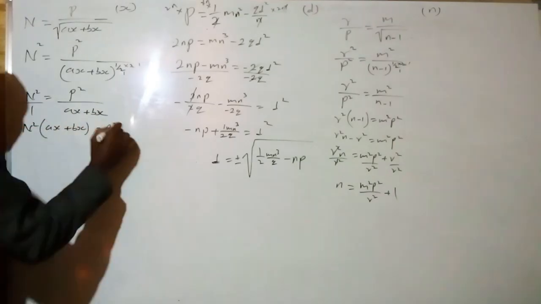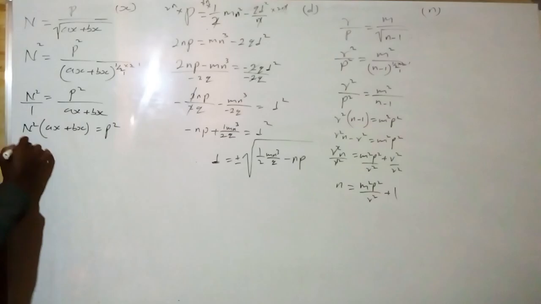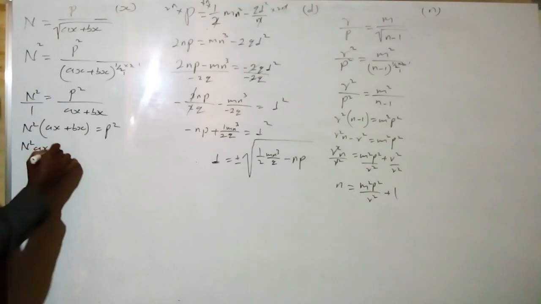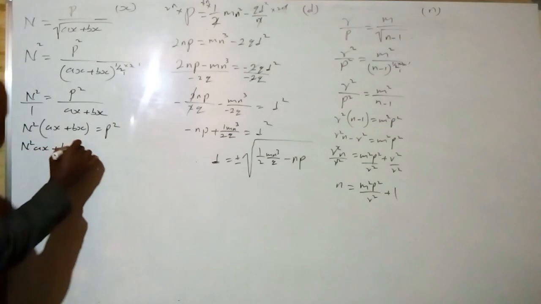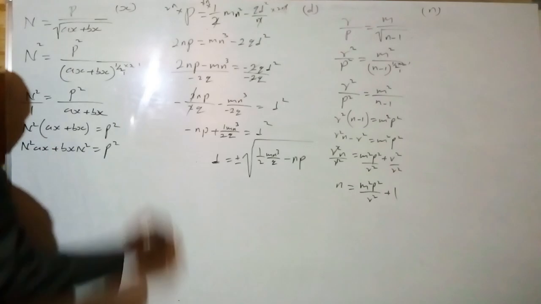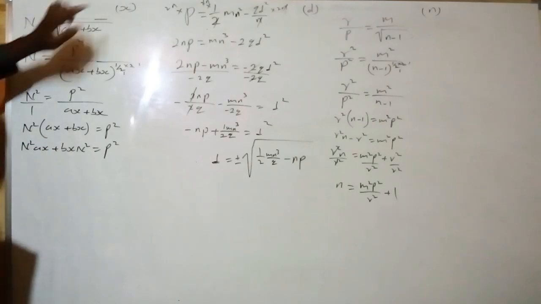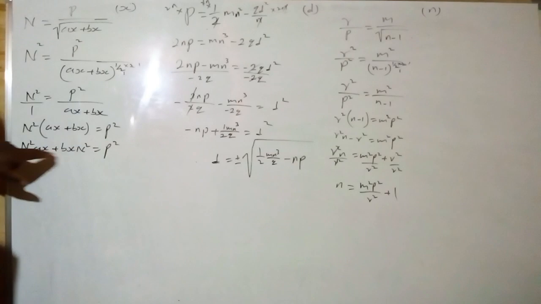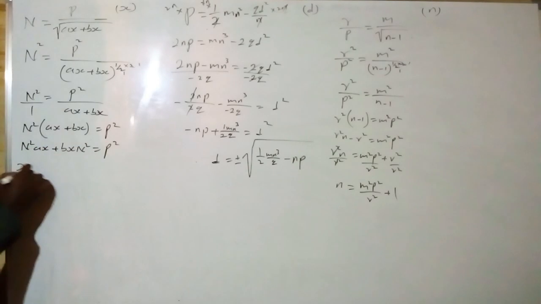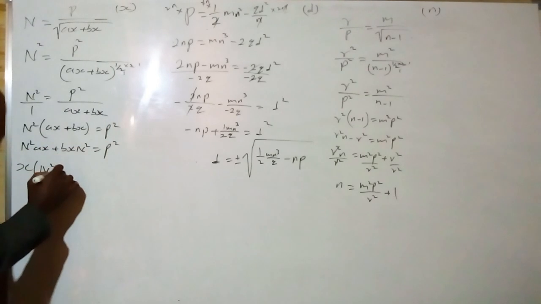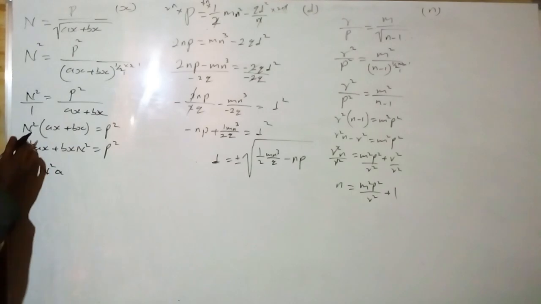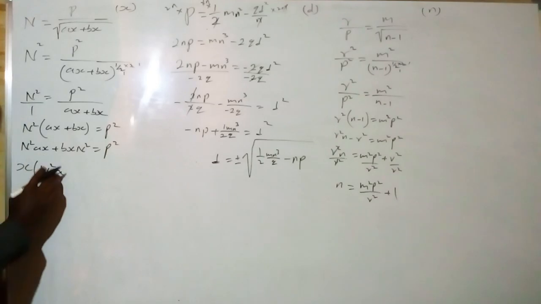N squared ax plus bx, opening the bracket, n squared ax plus n squared bx is equals to p squared. We are making x the subject of the formula, so we factor out x: x times n squared a plus bn squared is equals to p squared.